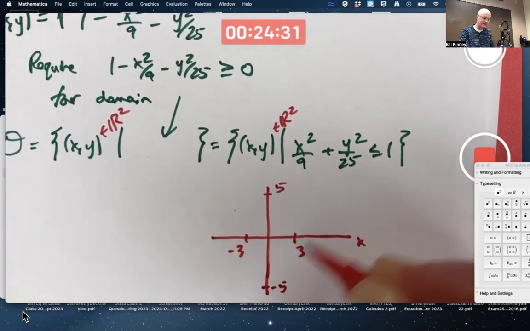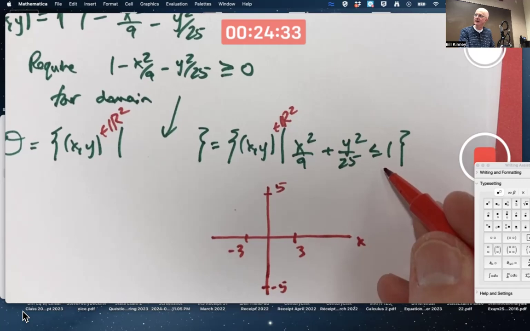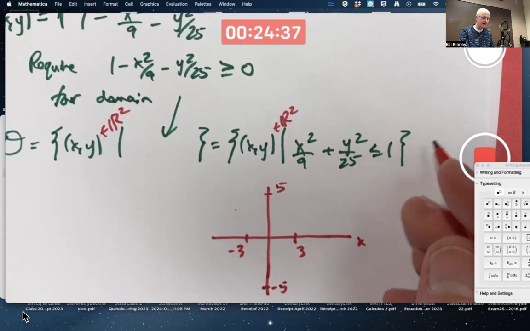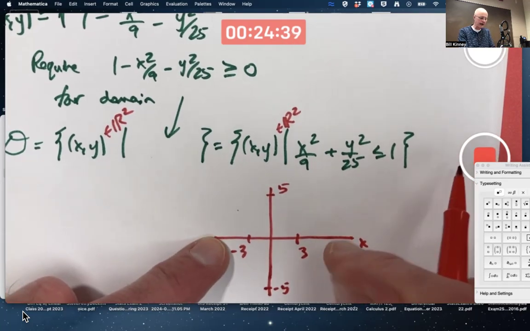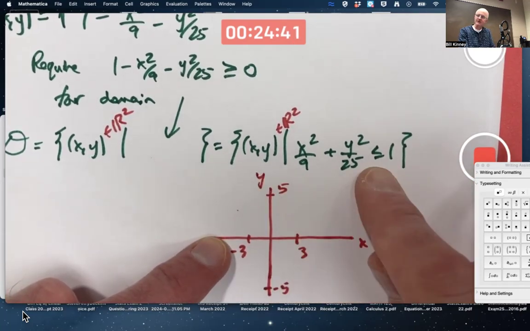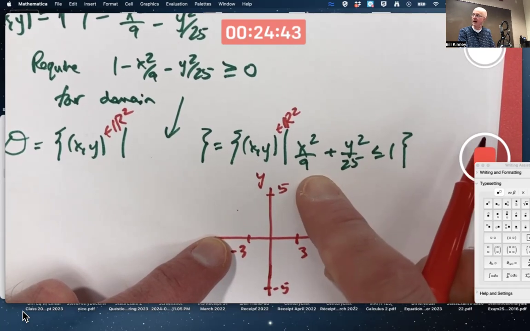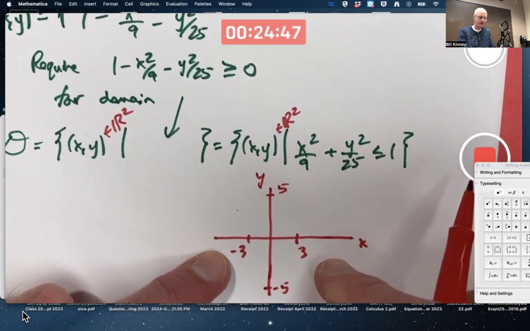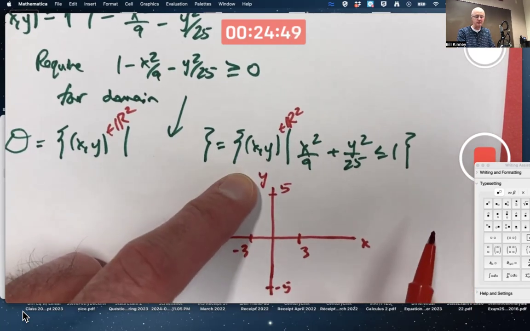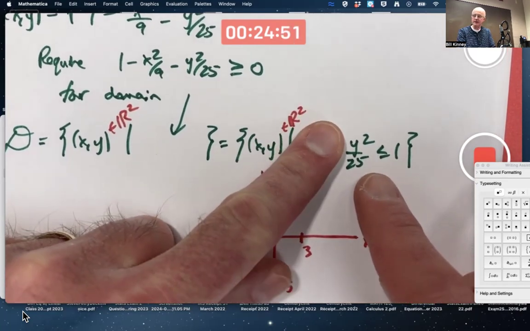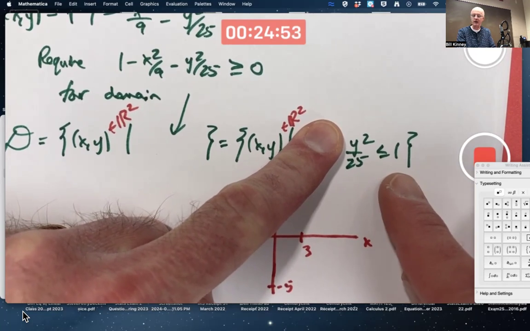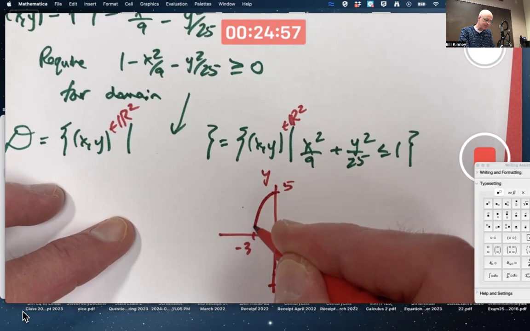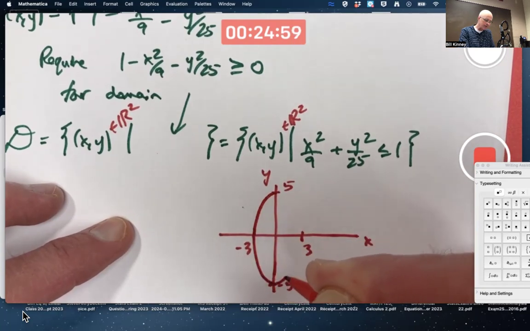If you imagine setting this equal to 1 and think about finding x and y-intercepts, for x-intercepts you'd set y equal to 0 and solve for x, and you get x squared over 9 equals 1. So x is plus or minus 3. And for y-intercepts, you'd set x equal to 0. Solve y squared over 25 equals 1. You get y equals plus or minus 5. And that ellipse is the boundary of the domain.